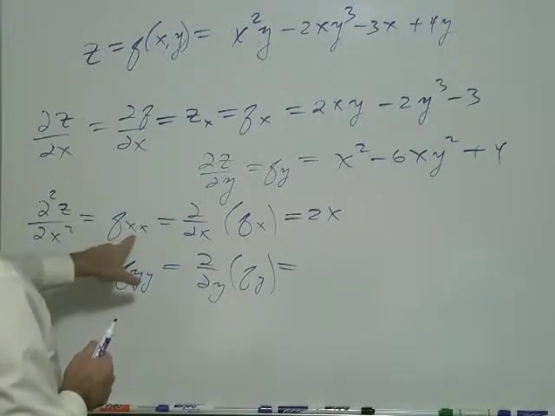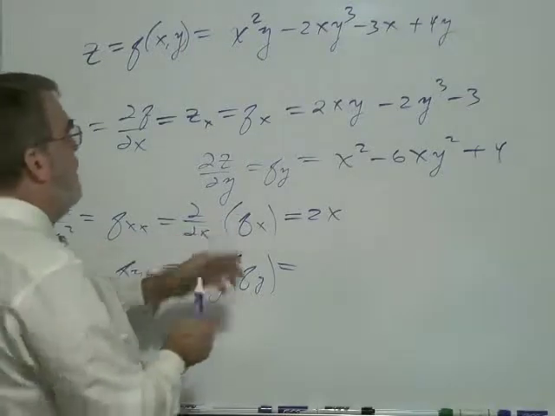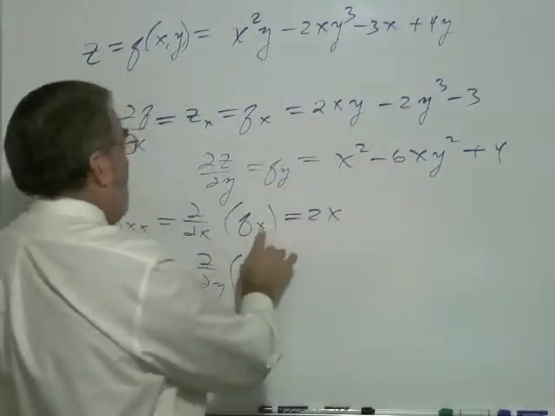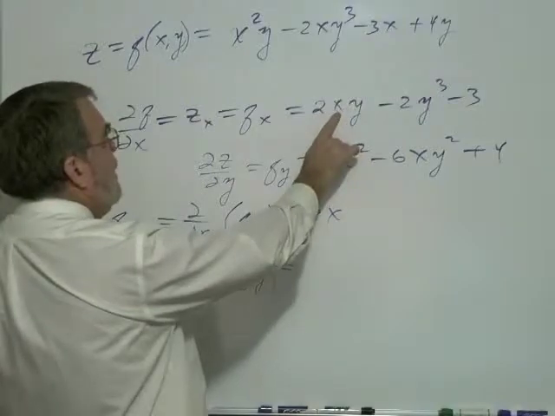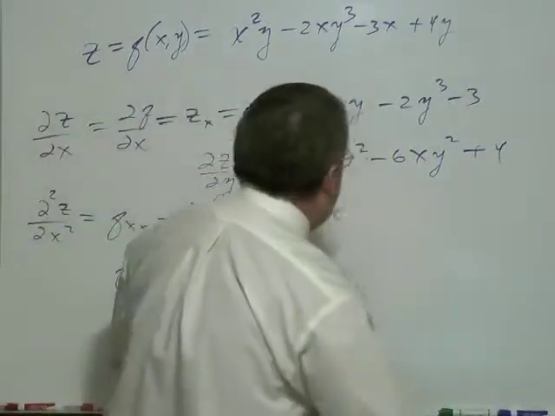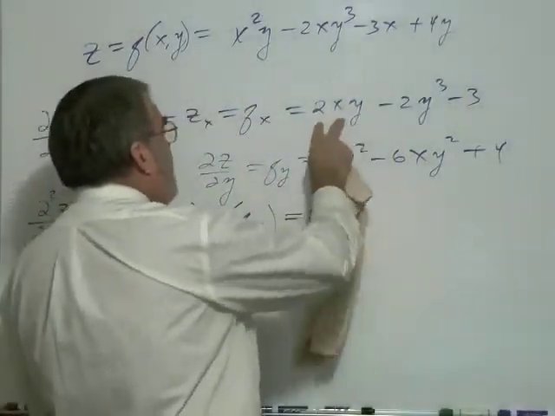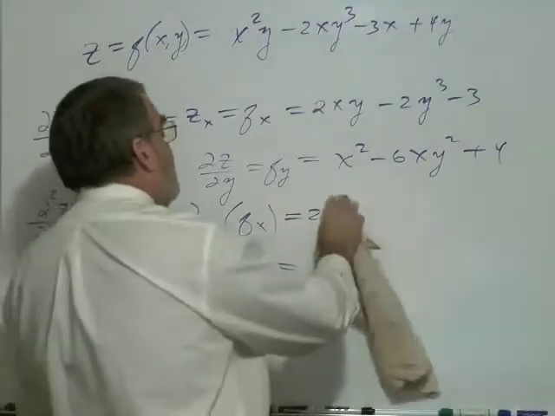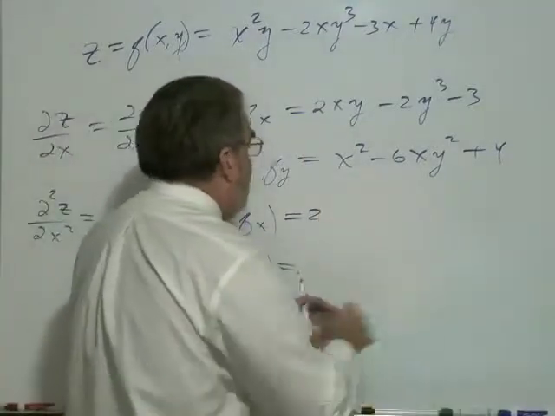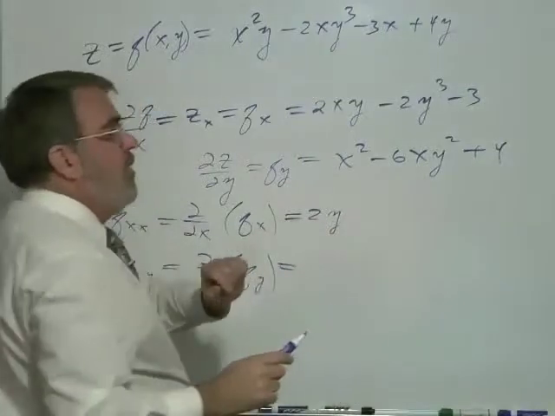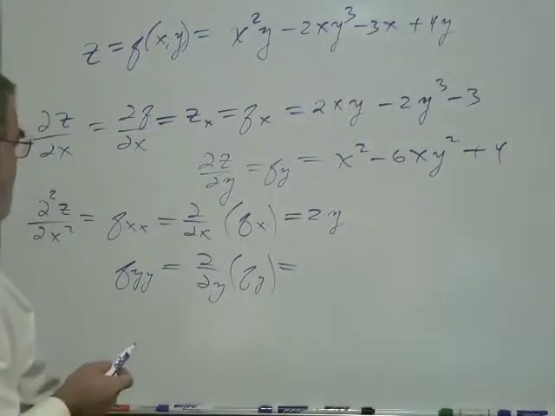Let's go back to this one, because the partial of this with respect to x will be 2 times y. So this should be 2y. I'm treating y as a constant, but the derivative of 2x will be 2. Alright, so sorry about that. This should be 2y. Alright, please fix that.